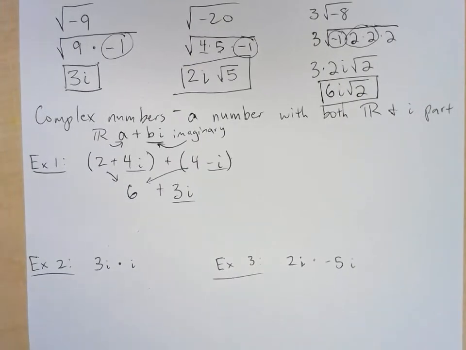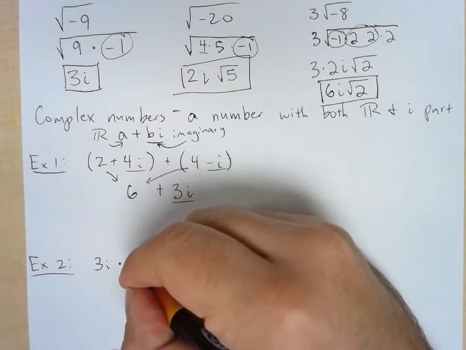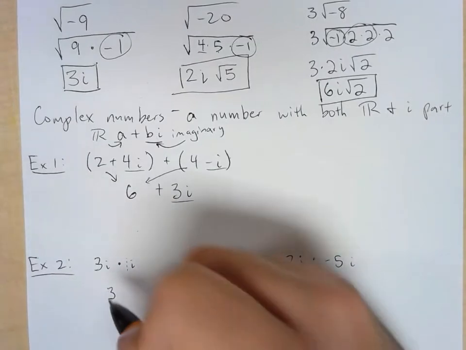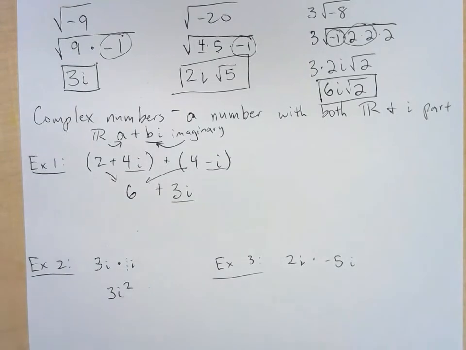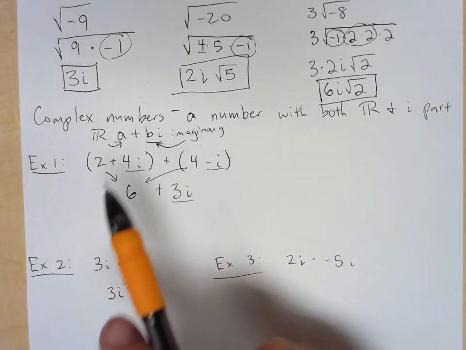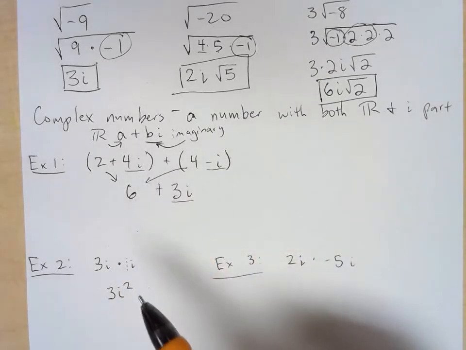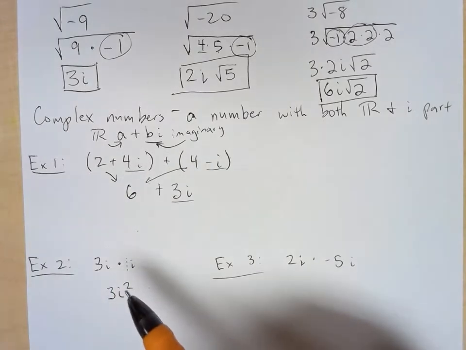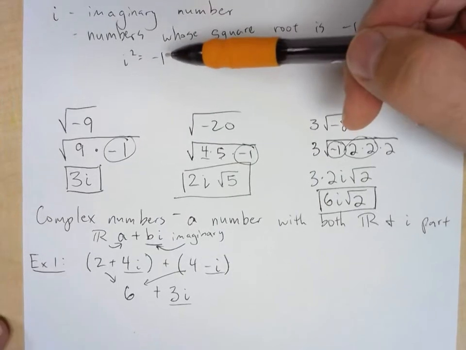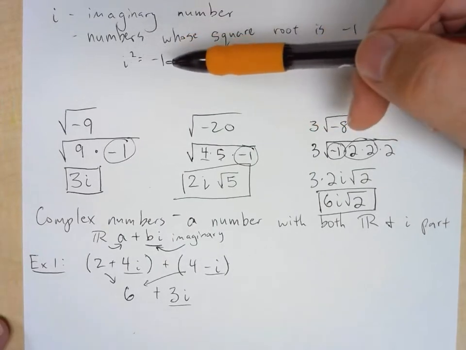Multiplying is very similar to what we've seen before. So this is 3i times i. We're just going to multiply the exact same way. So 3 times our imaginary 1 right here is going to give us 3. And then we know that i times i is going to give us i squared. And then here's the additional thing that we have to do. Complex numbers are never written with i squared. They're only with a real and a regular i. And there's a way to transform this. If we look back at our definition of an imaginary number, i squared is equal to -1.